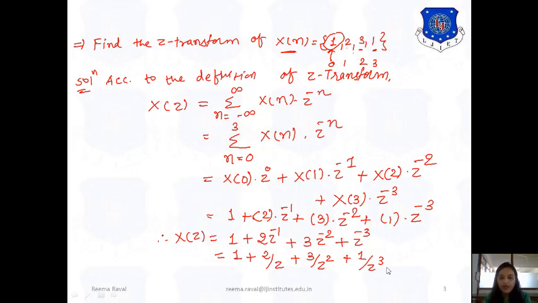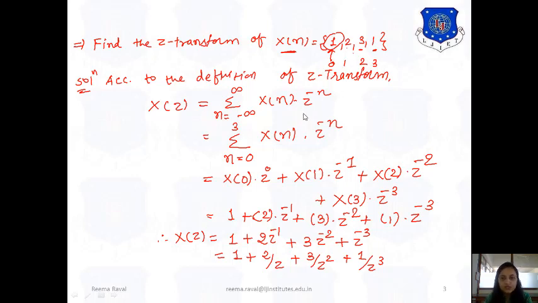In the answer we saw that the power of z is negative. Why? Because according to the definition of Z transform, x of n into z raised to minus n, whatever the instant is n, it will be the inverse in the power of z.